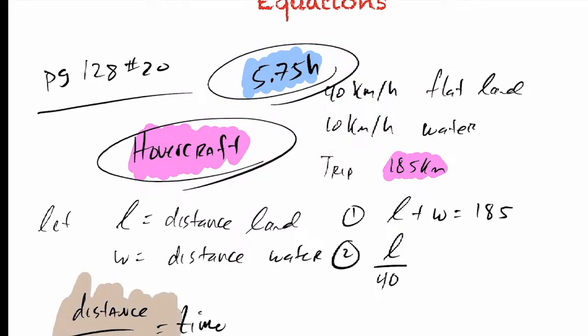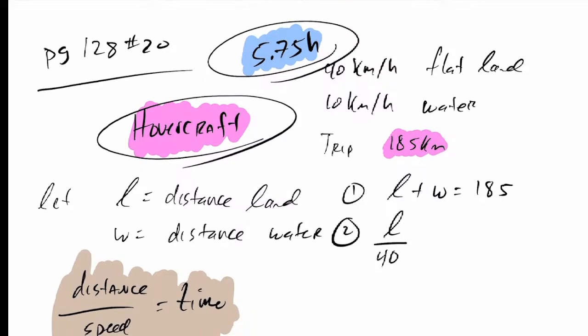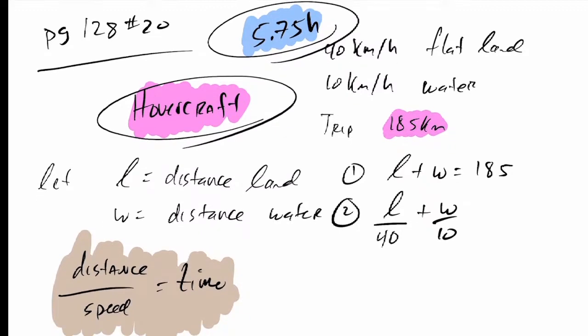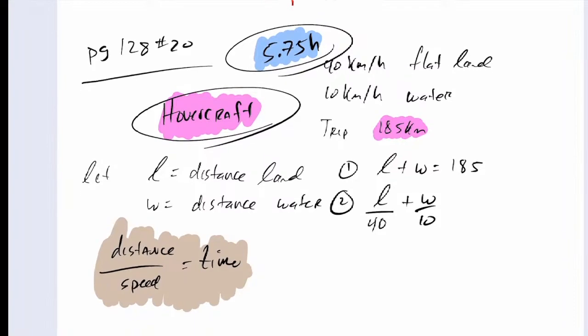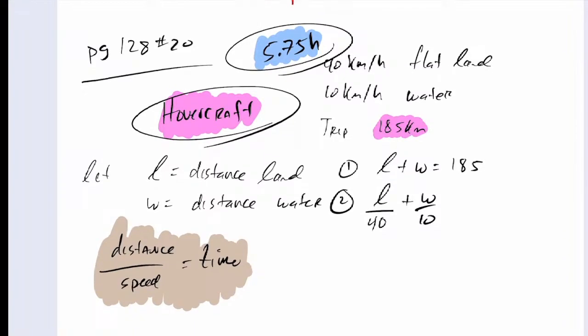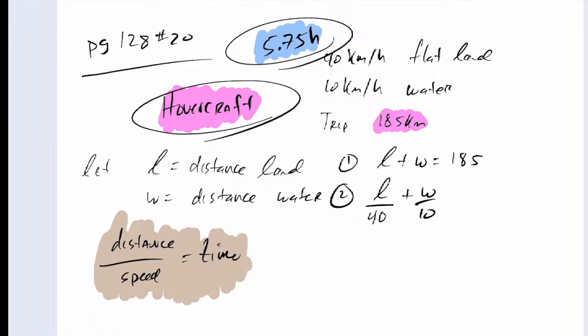The homework questions were mostly speed times time is distance. But in this case, we have distance divided by speed is your time, plus the distance divided by speed, this is the time by water.